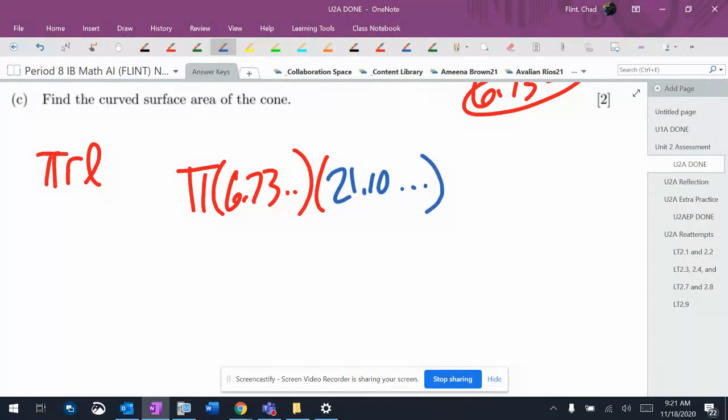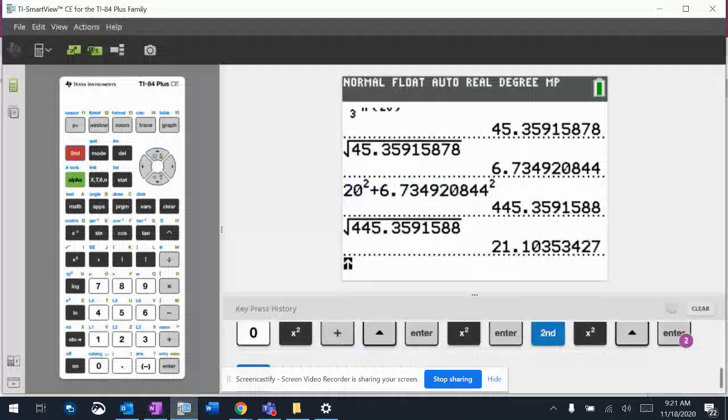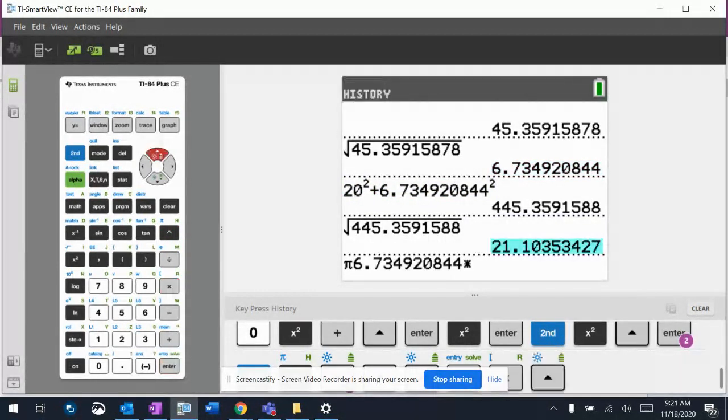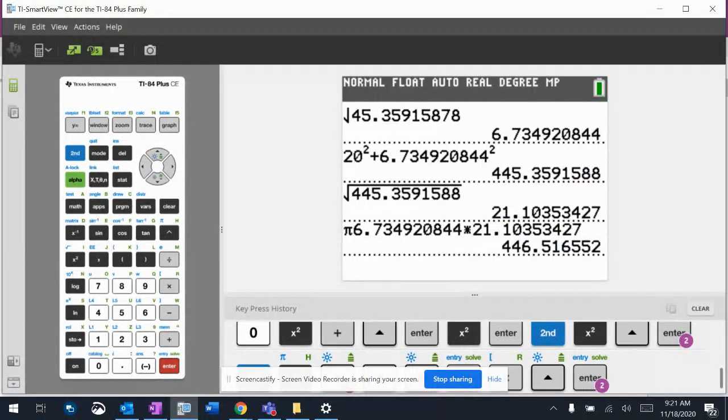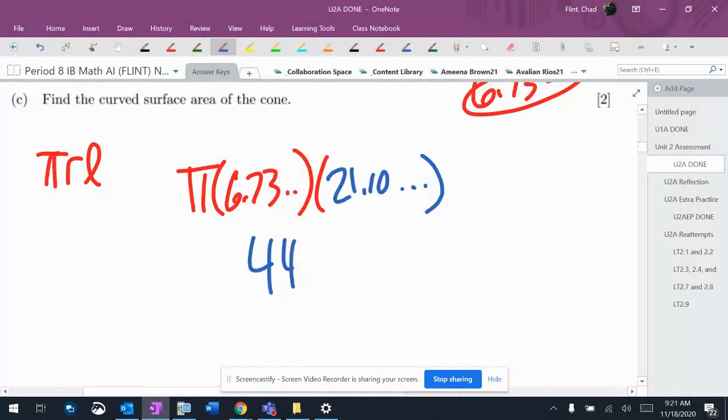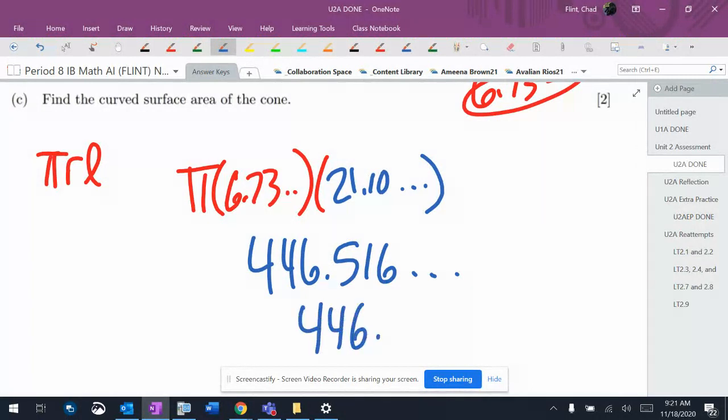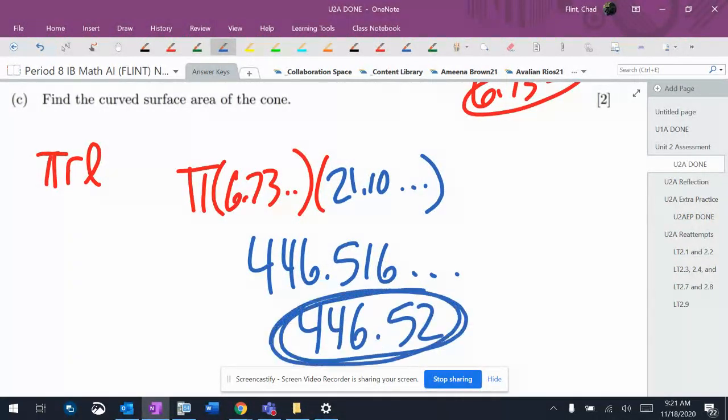And again, I'm going to use these whole numbers when I go to the calculator because it's there, so I might as well. So I'm going to go up pi times that times that. 446.516, which again, 446.52 to the nearest hundredth.